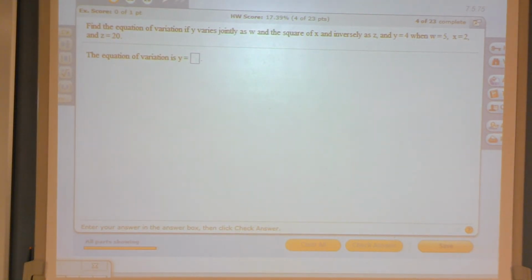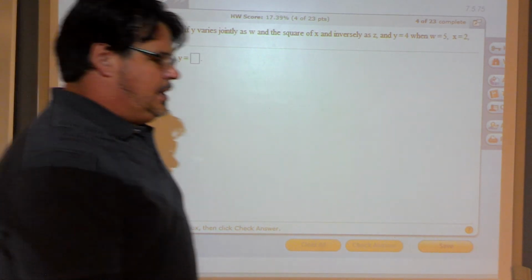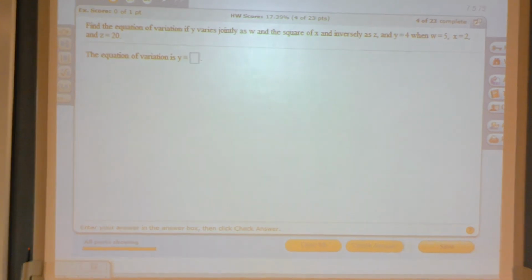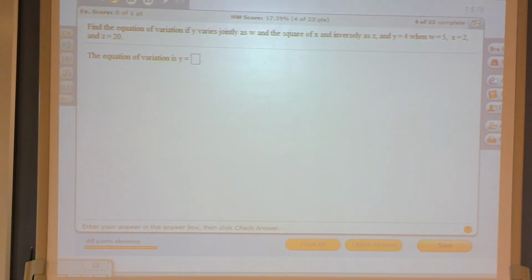On that one that we just did, where it's y equals kxw, k ended up equal to 1, so you're just going to end up putting y equals xw, that's it. Find the equation of variation if y varies jointly as w and the square of x and inversely as z. So just follow the sentence and do what it says and you should be okay.